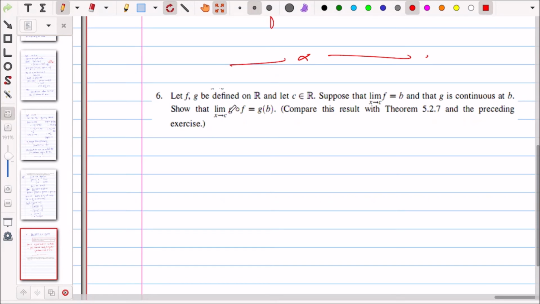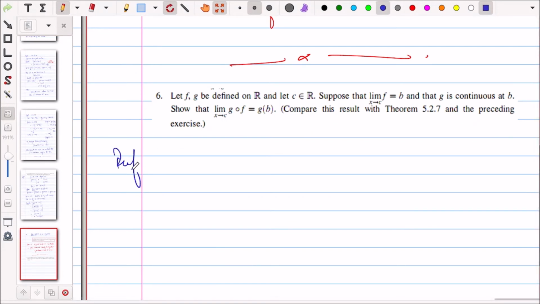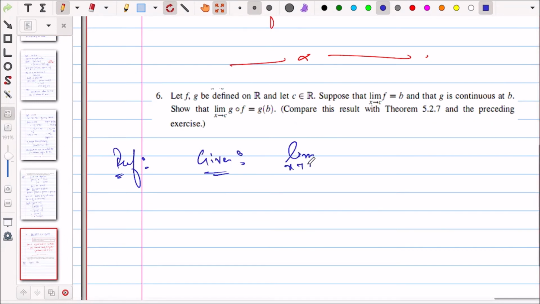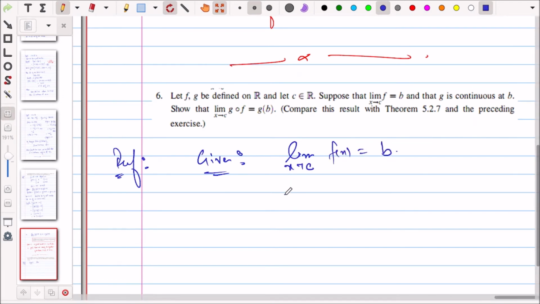We have to show that the limit as x tends to c of g of f equals g of b. So let us start. We are given two things: the limit as x tends to c of f(x) is equal to b, and second, g is continuous at b.